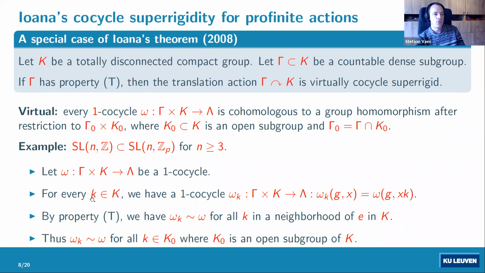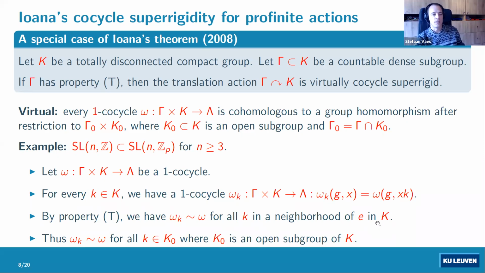So for every element k in my compact group K, there is a new one cocycle omega_k, defined by this formula. Omega of the identity element is the original omega by definition. And again, property T will ensure that there are no small perturbations. So omega_k will be cohomologous to omega when k lies in a neighborhood of the identity.